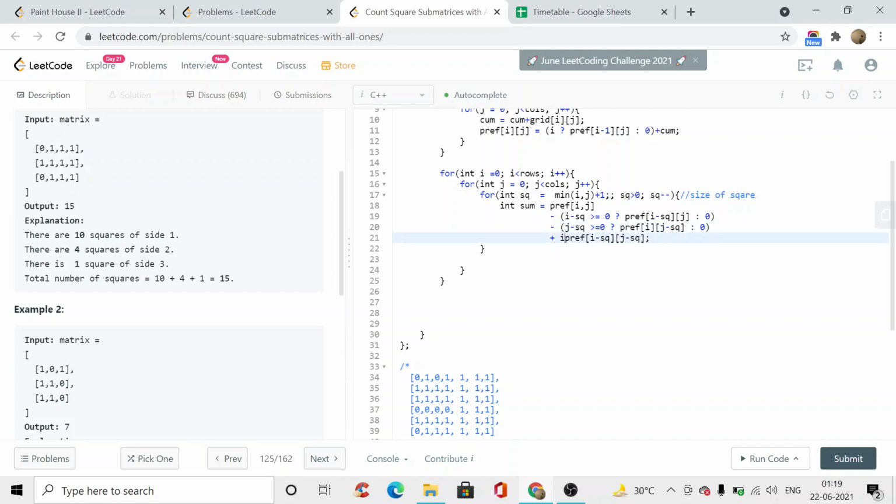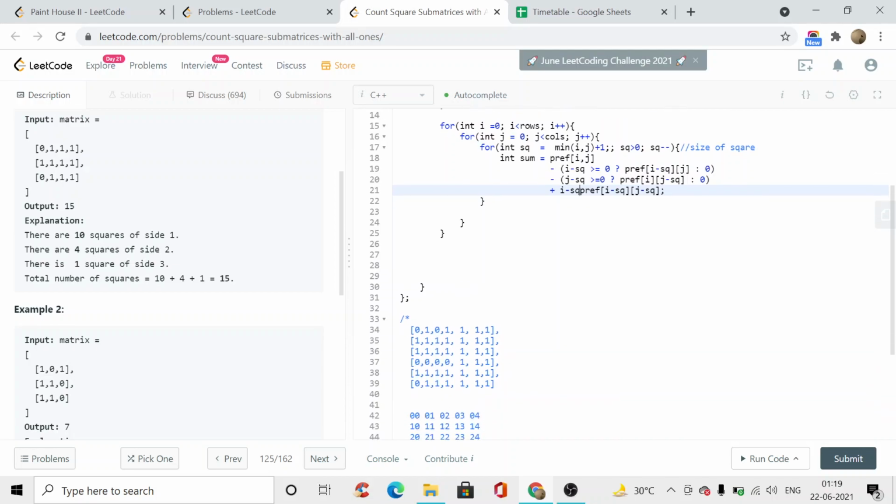Now what will happen if it is already over here, so there is no element over here, so this is also going to be 0.